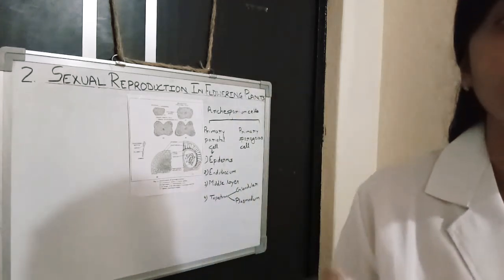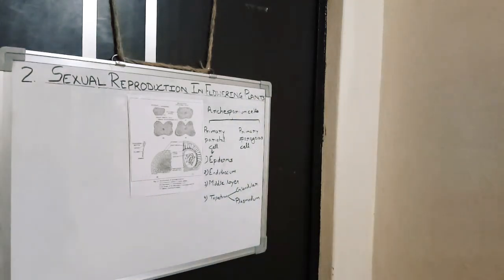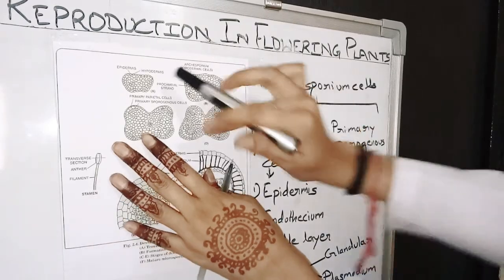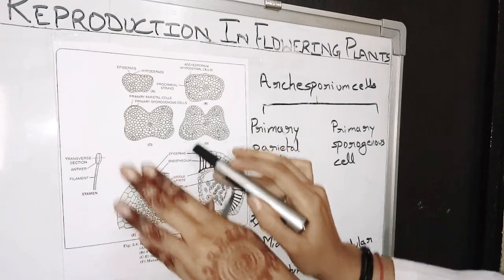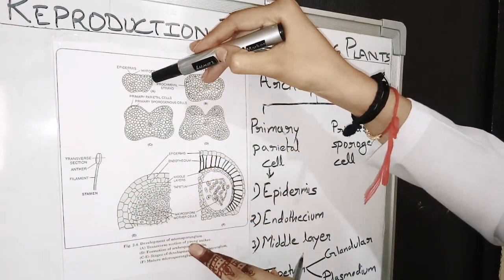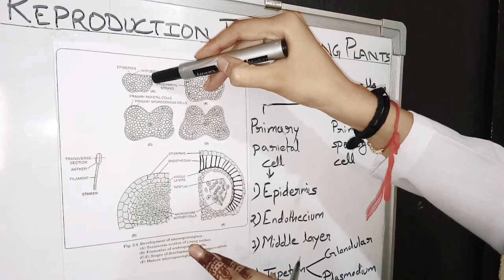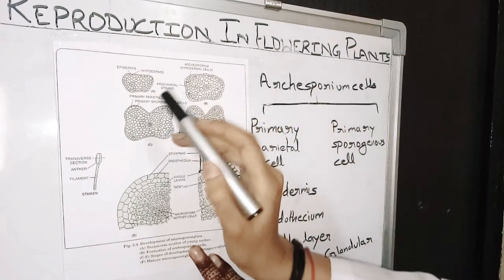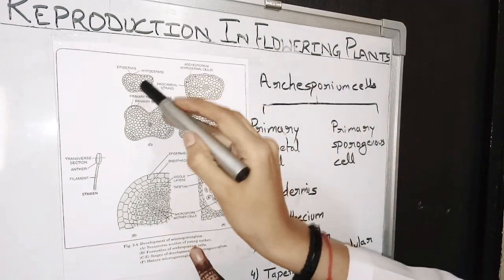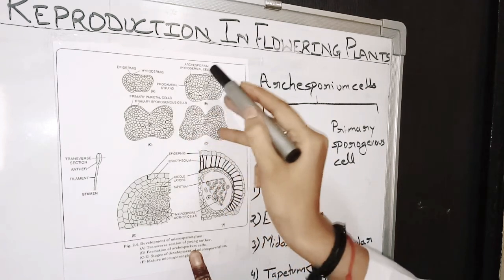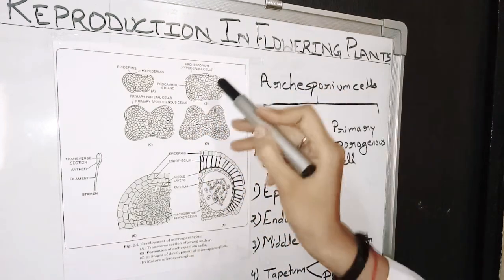For this, again I am going to zoom the diagram. Please focus. Now I hope you are able to visualize the diagram clearly. This is the transverse section of a young anther. In the anther, there is a presence of a special type of cells called archisporium cells.